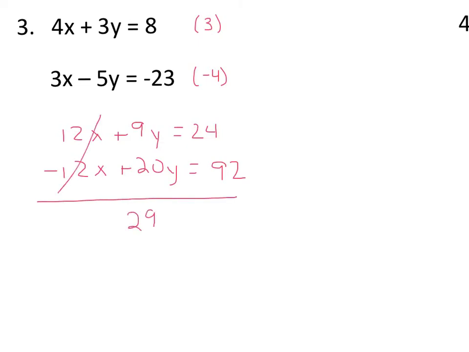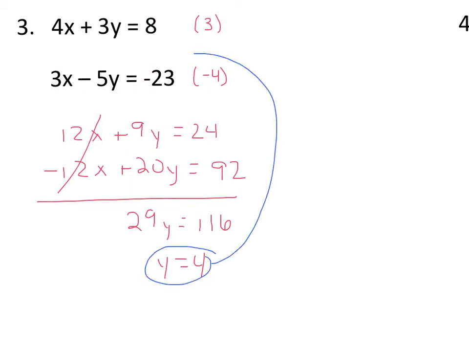Okay, so when I do that, these will cancel. So I'll have 29y equals 116. So y will equal 4. Again, I'm going to plug it back into one of the originals. If you really want to plug it into one of these, you can, but you're dealing with a lot littler numbers here, so it just makes it a little bit easier. So I'm going to take this y and put it back into the first. You can put it in the second; it doesn't really matter.